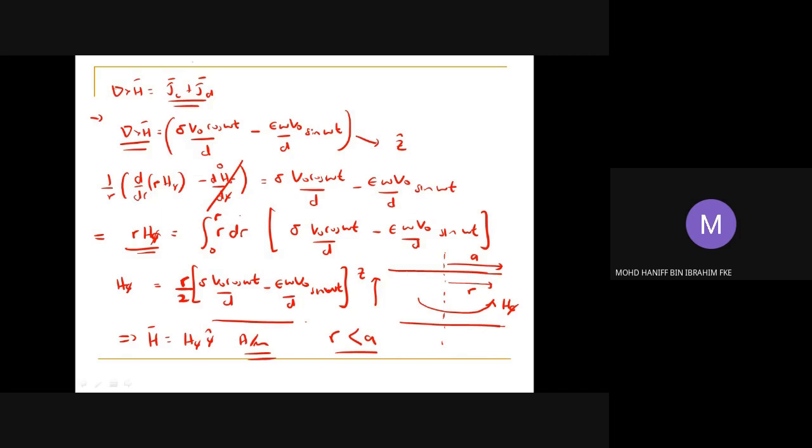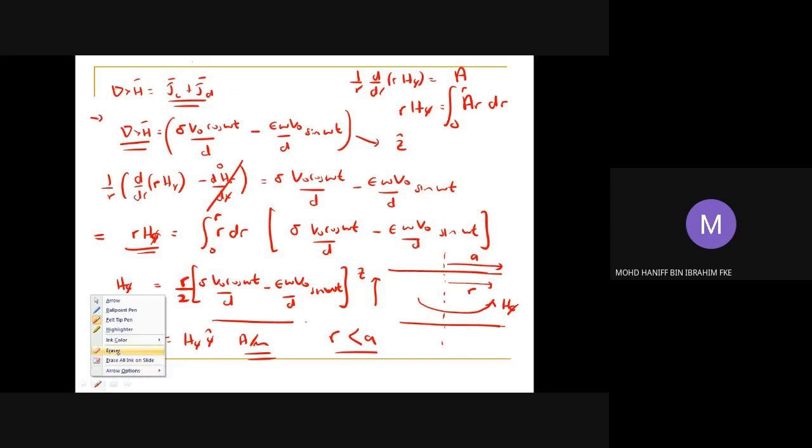This will be integrated, am I right? 1 over r, d over dr, r H_phi, equals a r, so I'm going to have r of H_phi equals the integration of a r dr, am I right? Oh, yes. Okay. So hopefully it's clear. All right, good. Thank you.